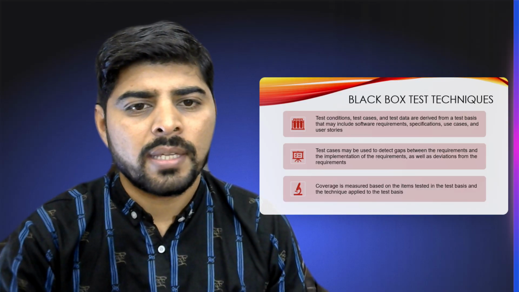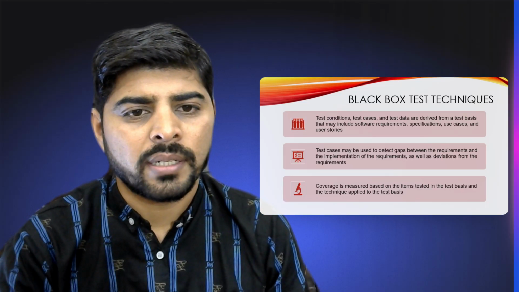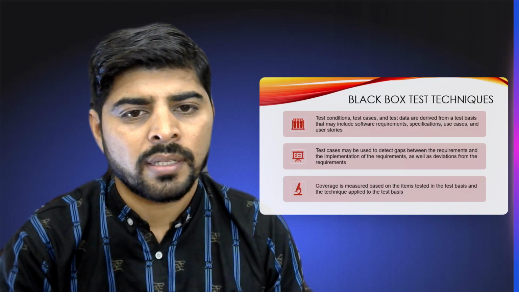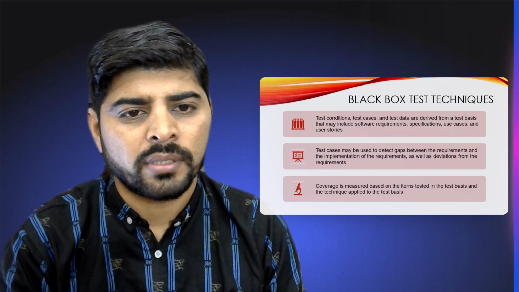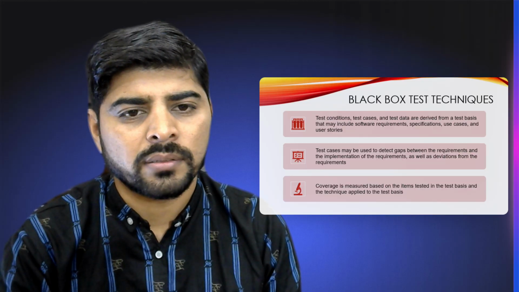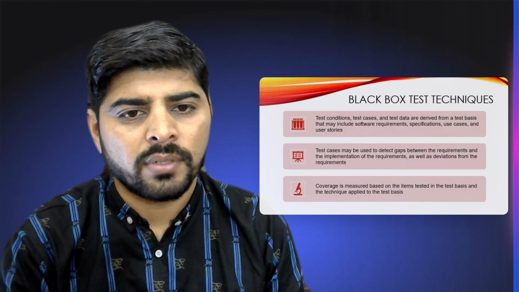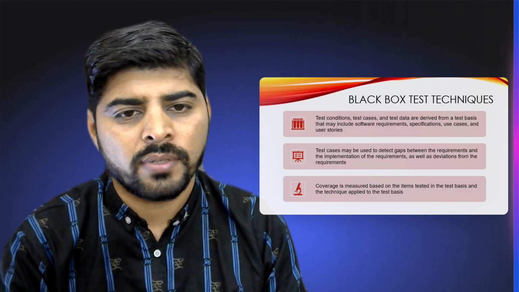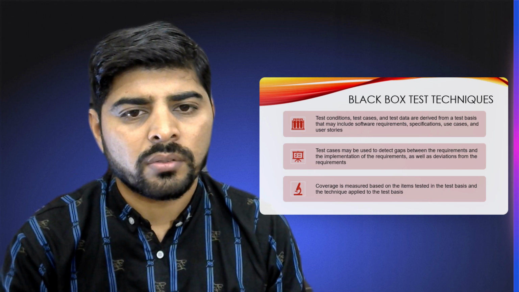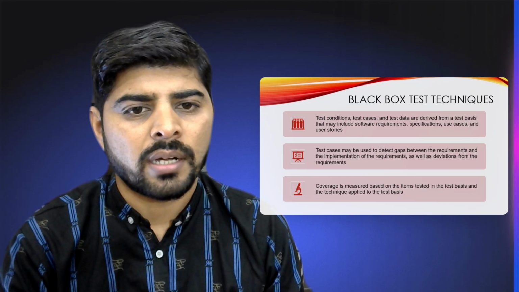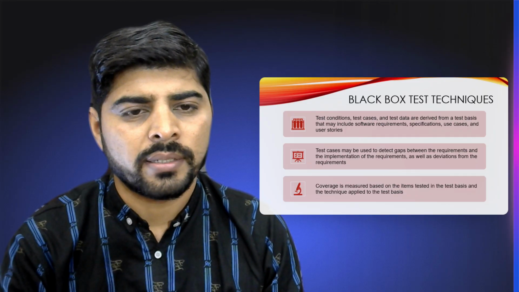Coverage is measured based upon the items tested in the test basis and techniques applied. In black box, it depends upon which test level we are in. Coverage is measured based upon the items tested at that test level.